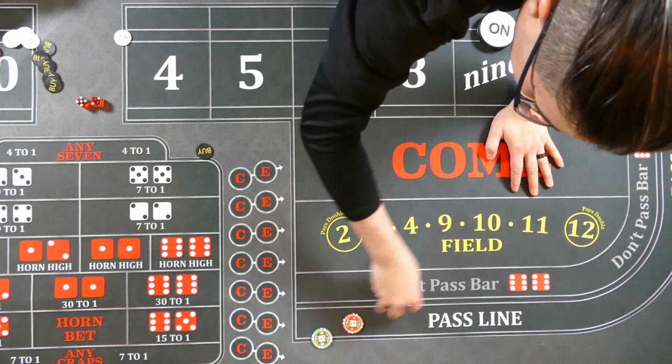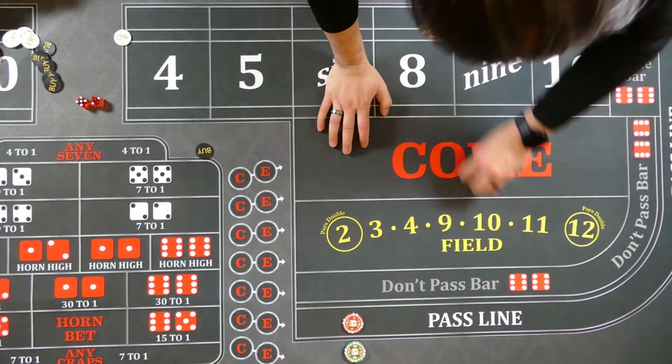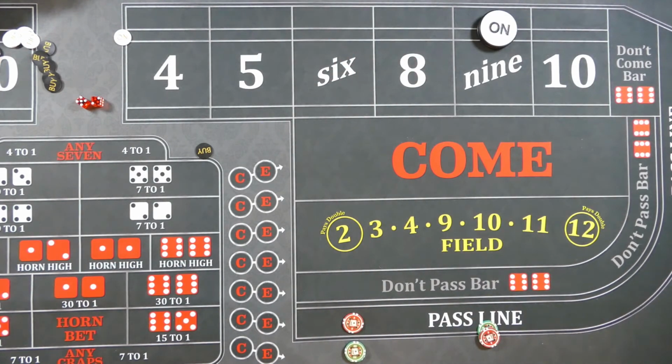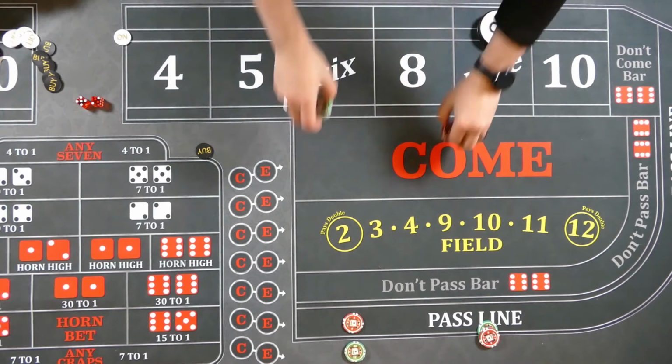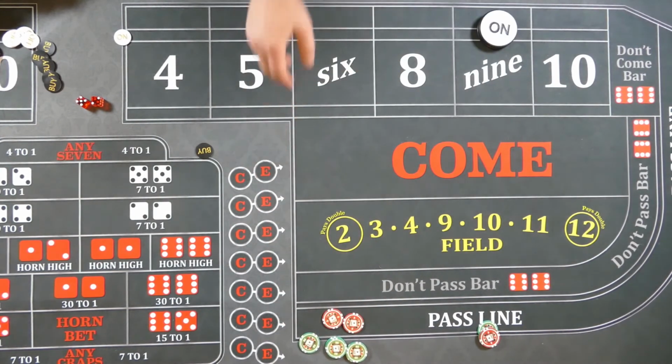All right. What about 10 times odds, you may ask? That's a good question. Let's see. So this is going to pay you 75 plus 5. That is going to pay you 77.